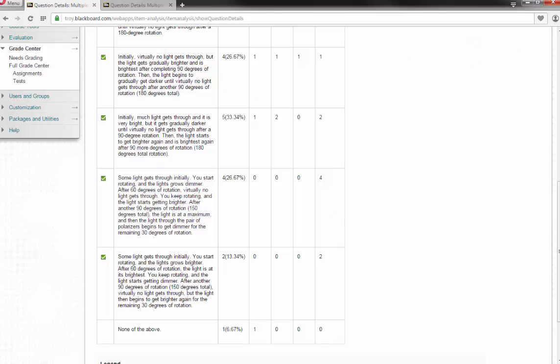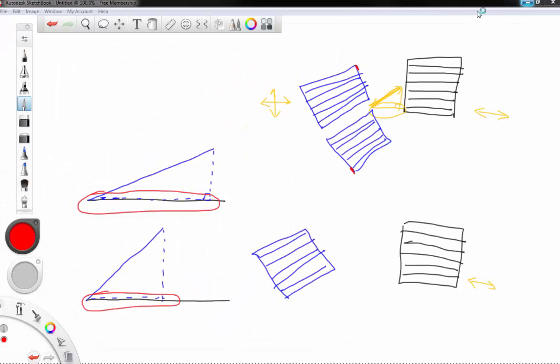The reason why there are all four of these options here is because we didn't really specify how this was oriented initially. The option in which it's darkest initially basically says let's start off with the polarizer oriented like this, vertically.